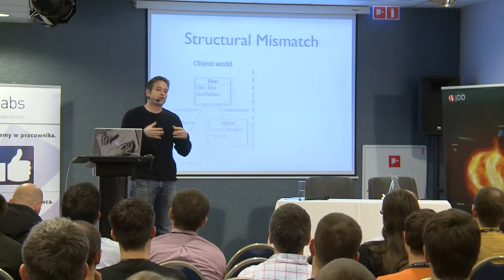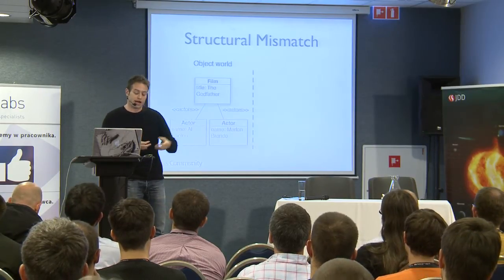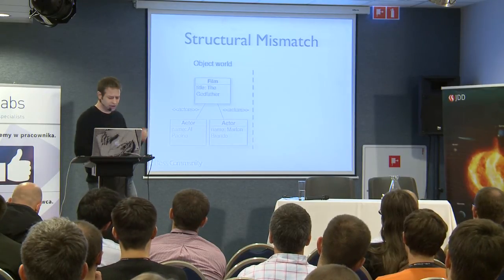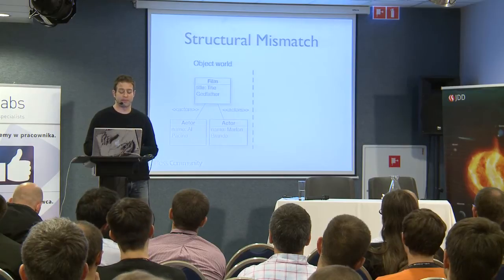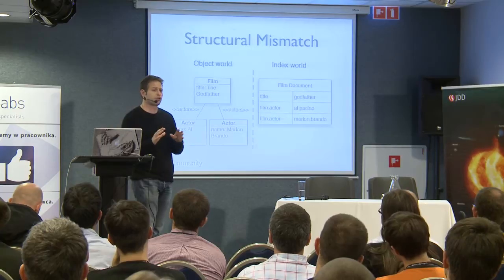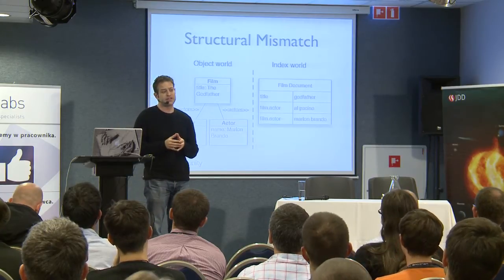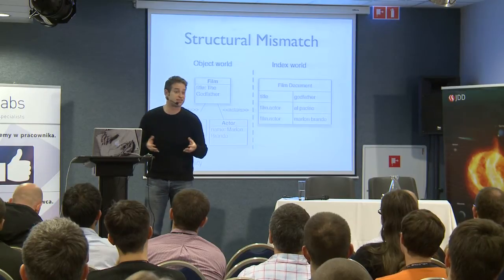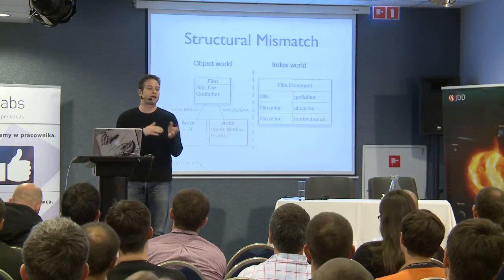In your application, you're working with entities, right? You have a film, and the film has a one-to-many relationship to actors, and you have this association and these entities in memory. At the same time, Lucene is a completely different API, with completely different concepts. In Lucene, everything works around what is called a Lucene document, which is a fancy map. It's basically just key-value pairs.